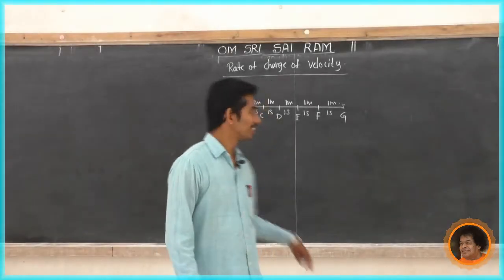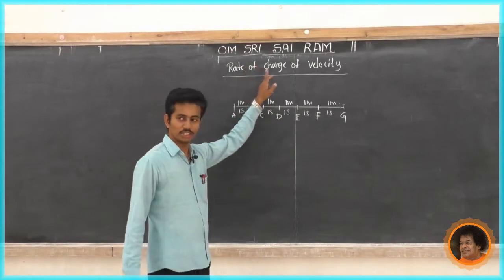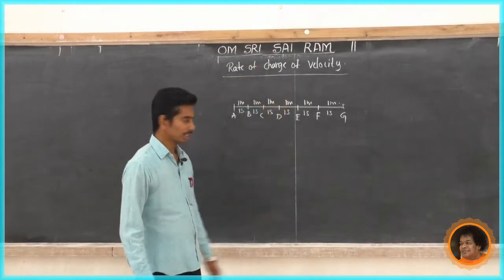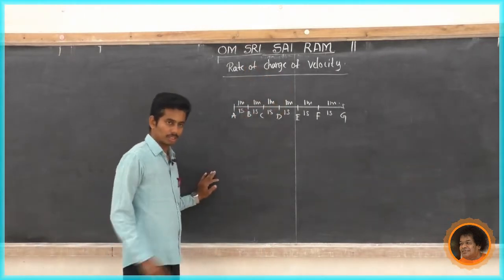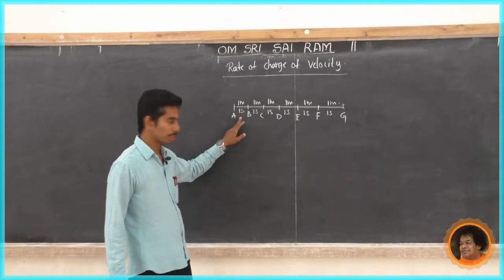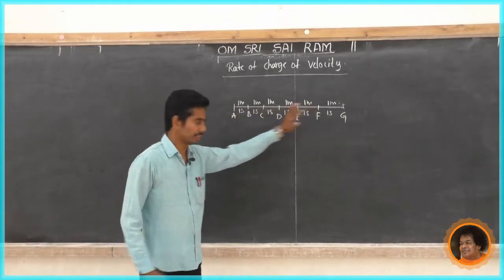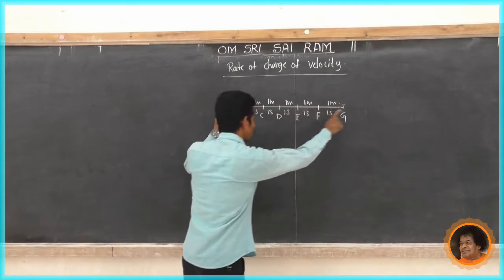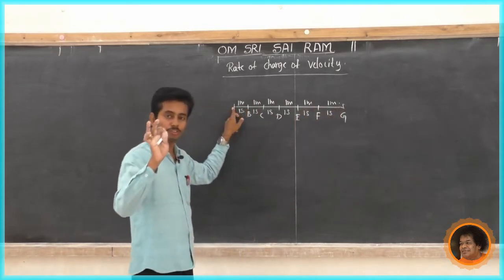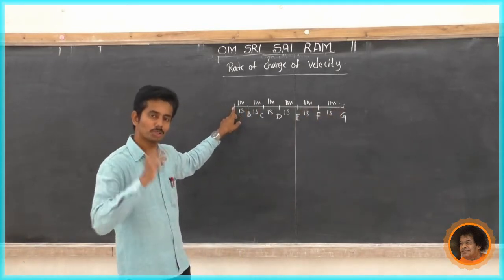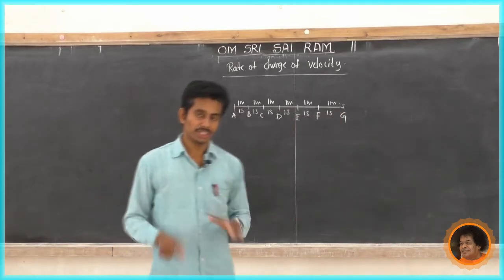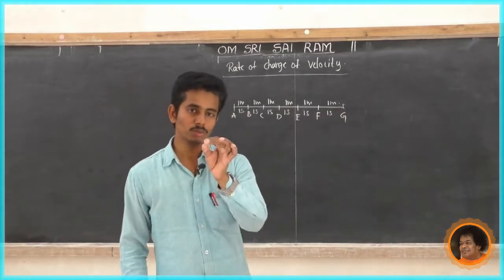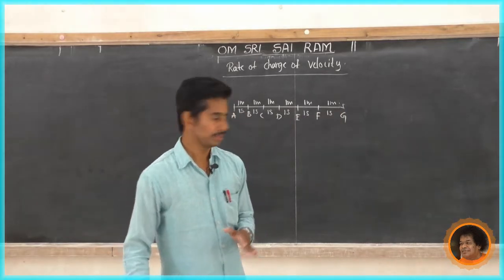Next concept is rate of change of velocity. Here is one example. When an object moves along a straight line with uniform motion. What is uniform motion? It covers equal distance in equal intervals of time.